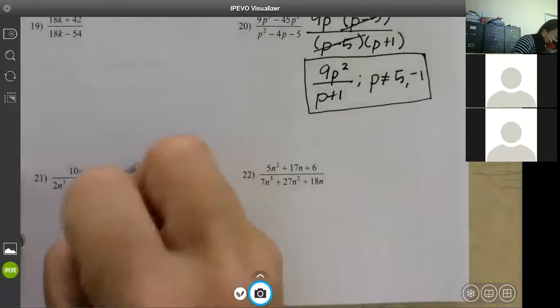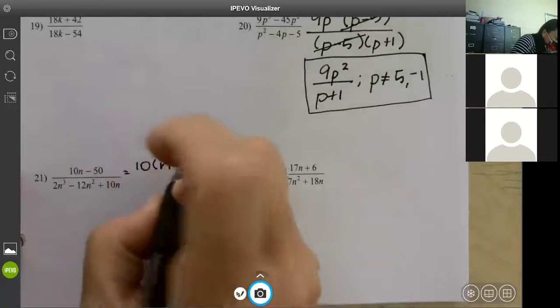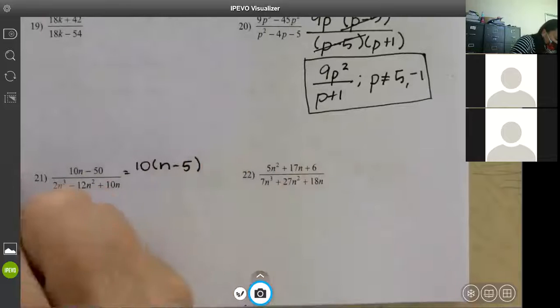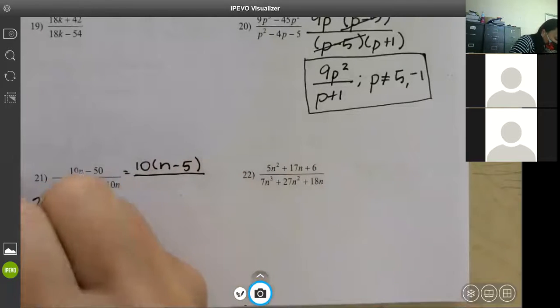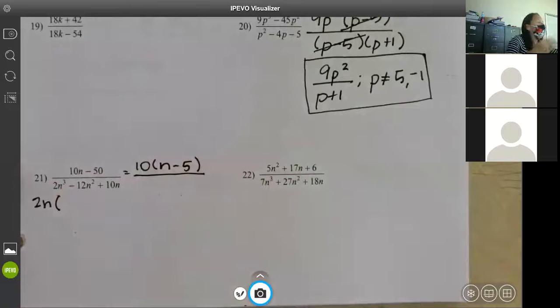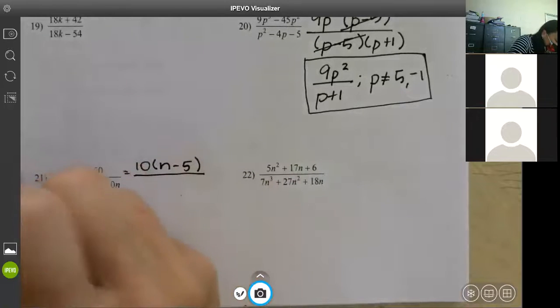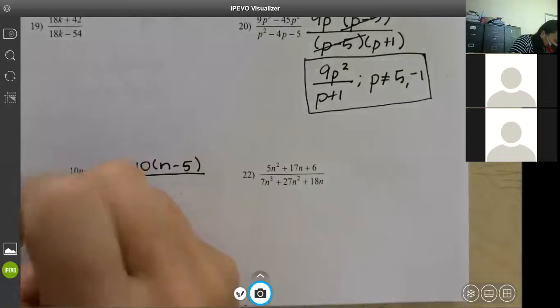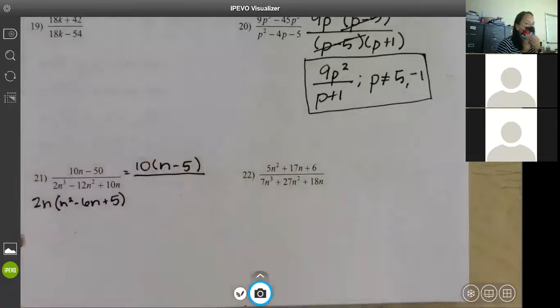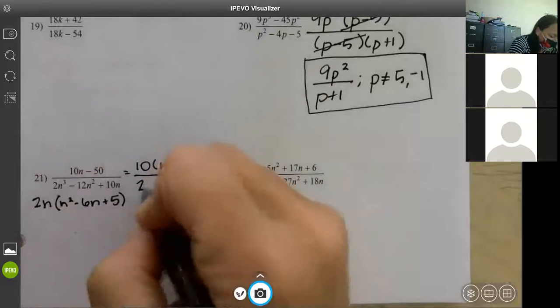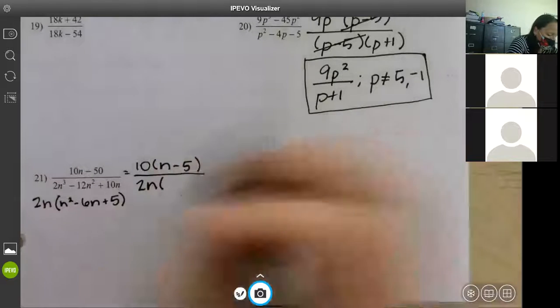So on this one, I'm going to pull out the 10 on the top. On the bottom, I'm going to pull out a GCF of 2n, and I'm writing it over here because I know I'm going to have to factor again. Okay. Leaves me with n squared minus 6n plus 5. So what are your factors of 5 that add to -6? -5, -1.